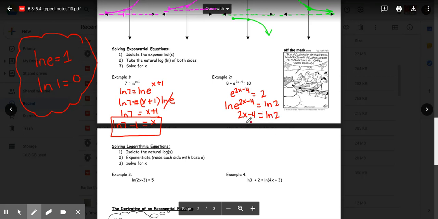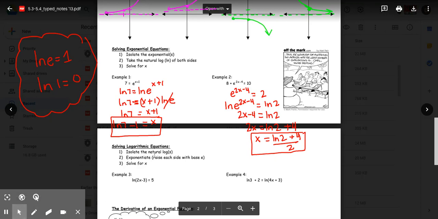And now we can solve for x by adding 4 to both sides and then dividing everything by 2. So we get the natural log of 2 plus 4, divided by 2. You cannot reduce anything. You can't reduce into the inside of a natural log. So therefore, you can't reduce that 4 because it's attached to something else by addition.